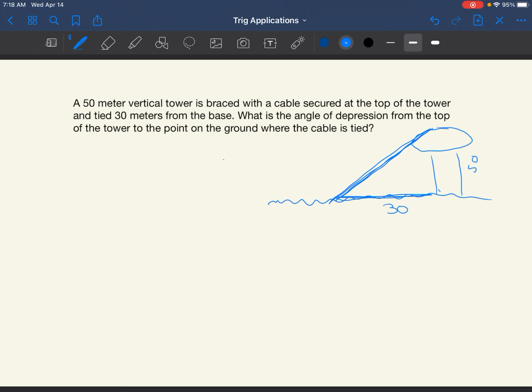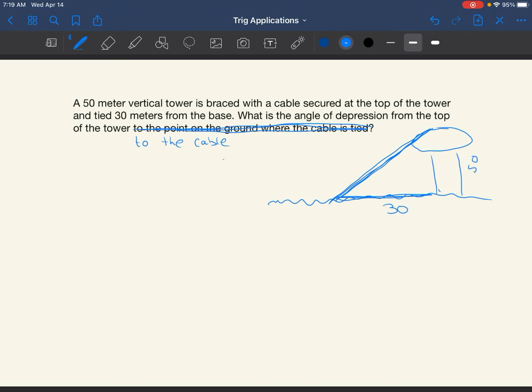From the top of the tower, I'm going to change that to the cable. Make it a little bit more clear what they're asking about. I didn't like the way that was worded. So what is the angle of depression from the top of the tower to the cable?